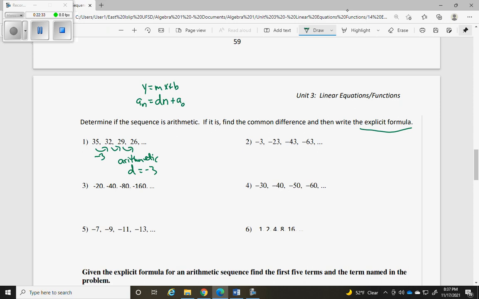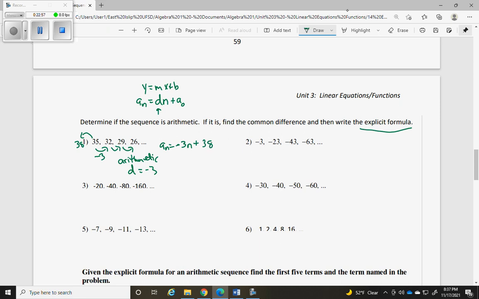So we kept on adding on negative 3, so that's our common difference, or our rate of change. And the 0 term comes right before 35. You're right, 38.